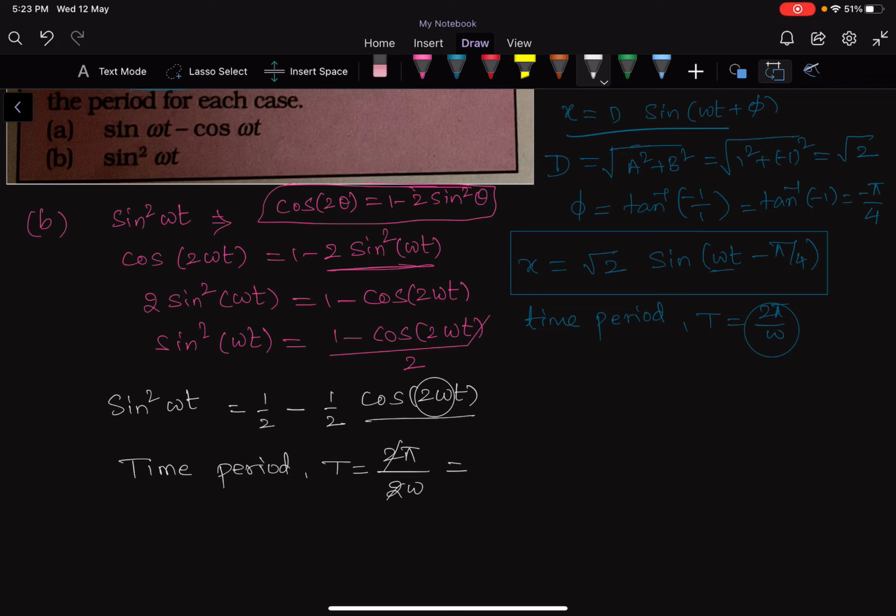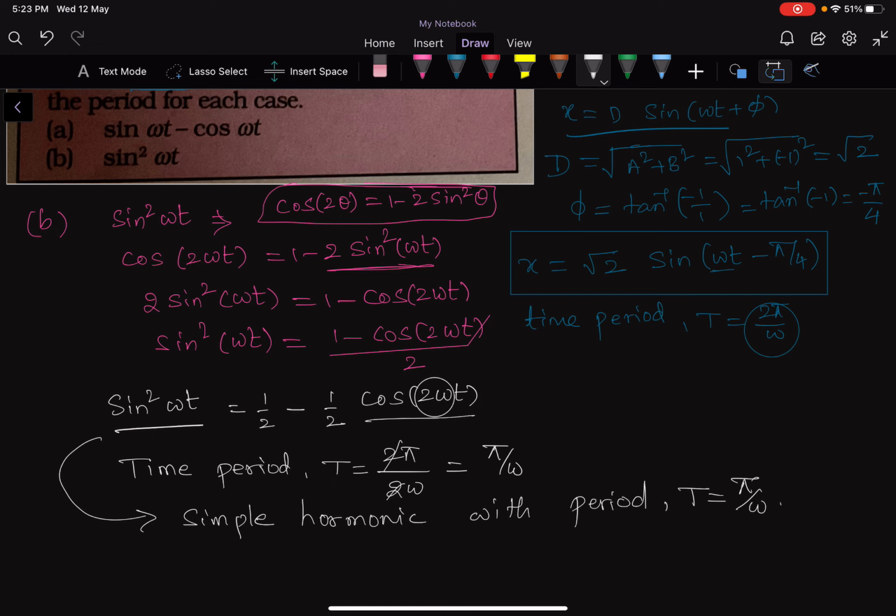The 2 and 2 cancel, so pi by omega is the period of this function. This is also a simple harmonic motion with time period T equal to pi by omega.